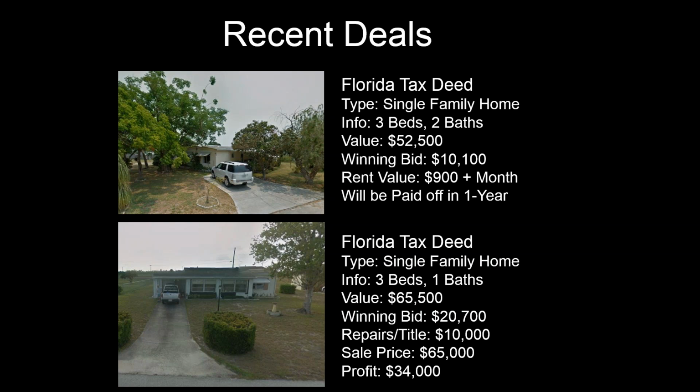The other property will turn around and be sold. There were repairs that needed to be done, going through the quiet title process so that we have a warranty deed on the property. So with this property, there's going to be about $30,000 worth of profit, a little bit more than that.